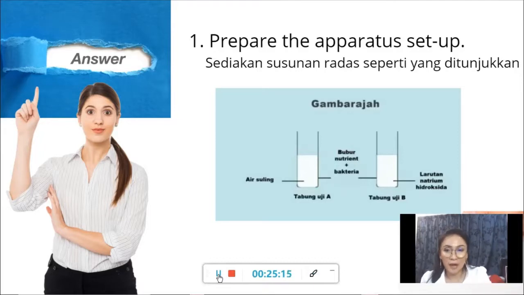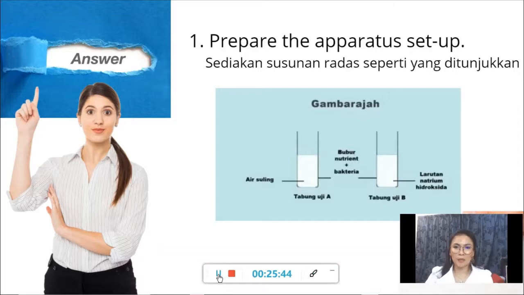But it must be a functional diagram, a labelled and functional drawing. You must label every part of your apparatus, the things that you have drawn. In this case, you have test tube A and test tube B, with nutrient broth and bacteria culture in both test tubes.